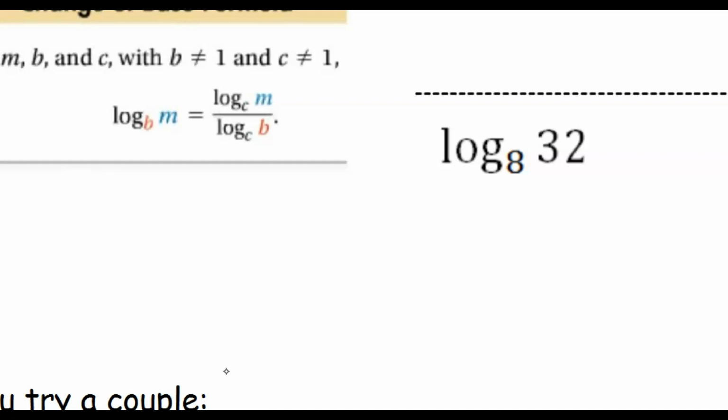So let's say I had something that was log base b of m, and let's say I wanted to switch it to be log base c. The conversion is log base c of m divided by log base c of b. So log of my new base of my input divided by log of my new base of my old base.